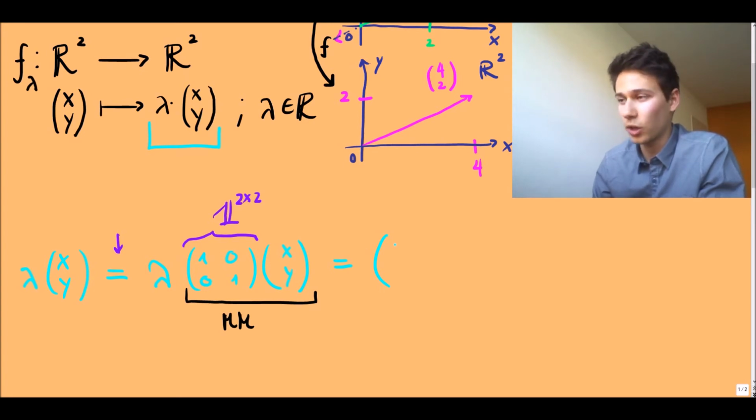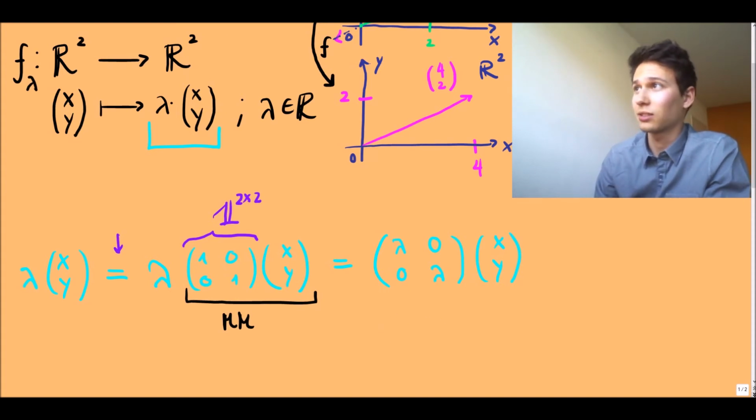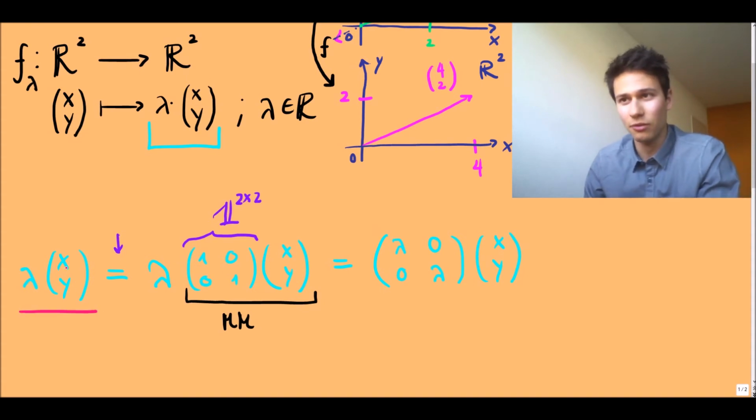Then we have 1 times lambda, which gives you lambda, 0, 0, lambda, times x y. And now you see that you can write down this multiplication of a vector with a scalar also as a matrix multiplication of this matrix with a vector.